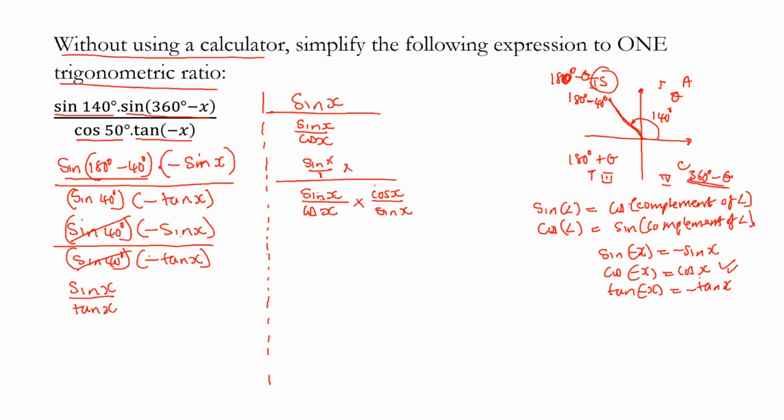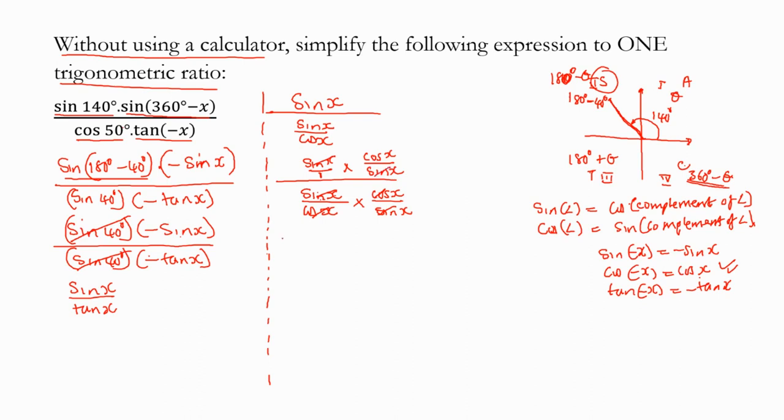And then say also here times the same thing, the multiplicative inverse of sine x over cos x, which is cos x over sine x. Right, and then cos x divided by cos x is 1, sine x divided by sine x is 1. So our denominator becomes 1. And then here sine x divided by sine x is 1.